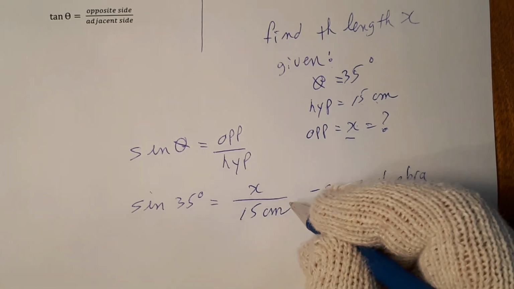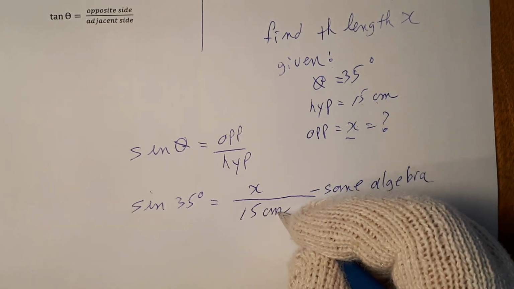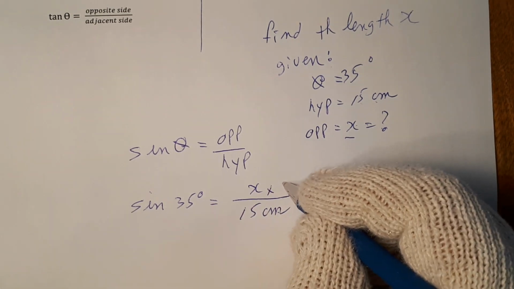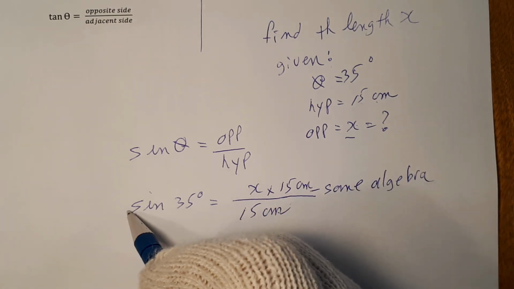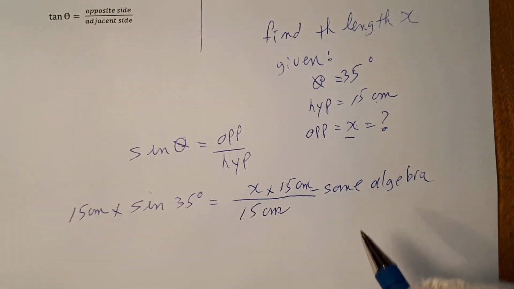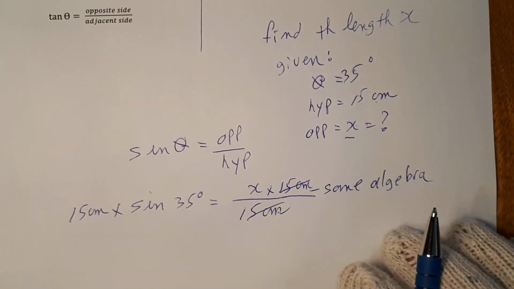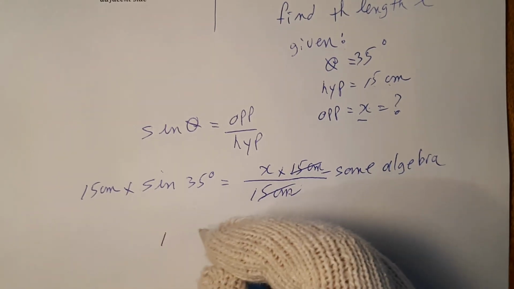Since we're dividing by 15, I'm just going to extend this line. This is a division line. If it's divided by 15 centimeters, I multiply this by 15 centimeters. Whatever I do to the right-hand side, I have to do to the left-hand side. And those two then will cancel out. This equation then would look like this, just cleaning it up a little bit.